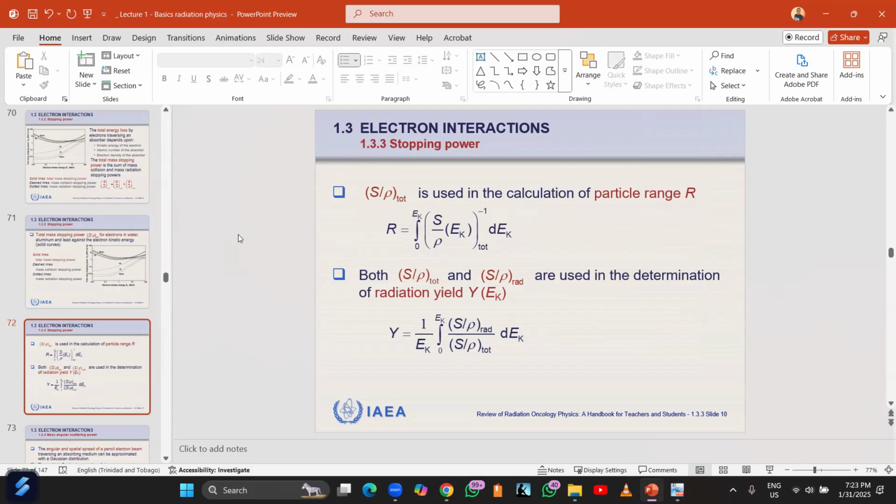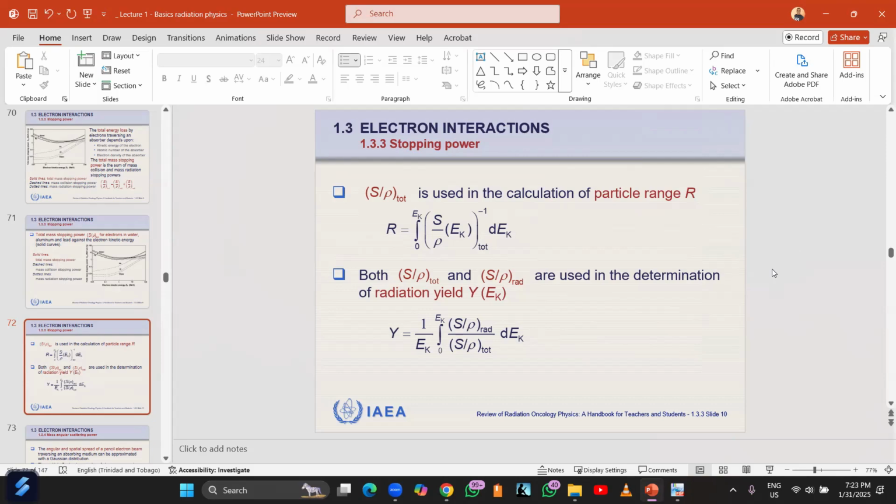Of course, the distance that radiation travels depends on the characteristics of the medium. So obviously in bone, electrons won't travel as much as they do in water. They will be stopped much quicker because bone is much denser than water. So that's why we incorporate the density component.